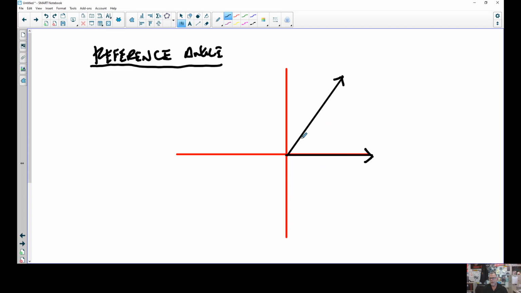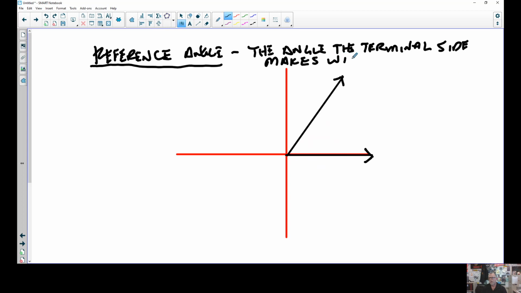When we talk about the reference angle, the easiest way I can describe it to you is the angle the terminal side makes with the nearest x-axis.